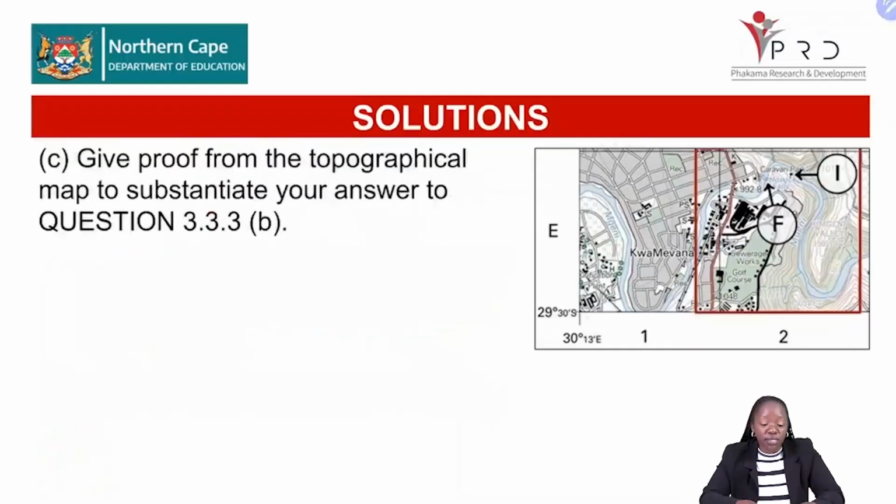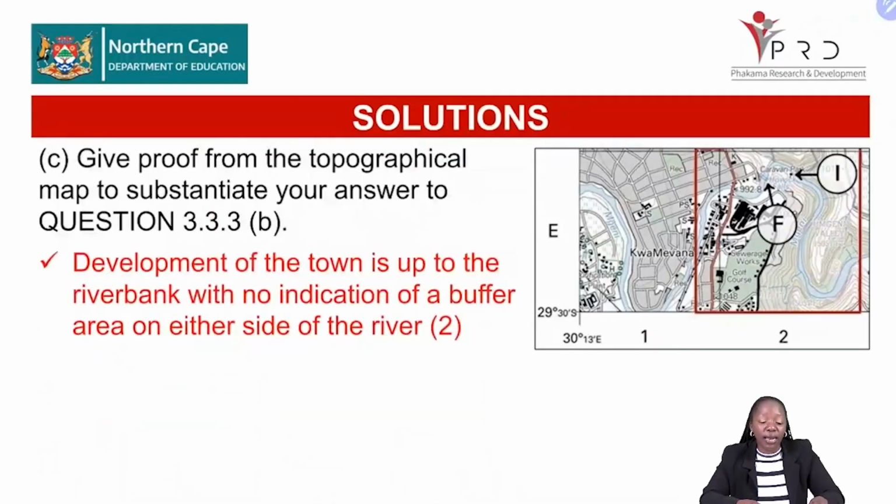Then at C, you are supposed to give a proof from the topographical map to substantiate that indeed the buffering was not considered. The development of the town is up to the riverbank. As you can see there are riverbanks, and you can see the built-up area. So the development of the town is up to the riverbank with no indication of the buffer area on either side of the river.